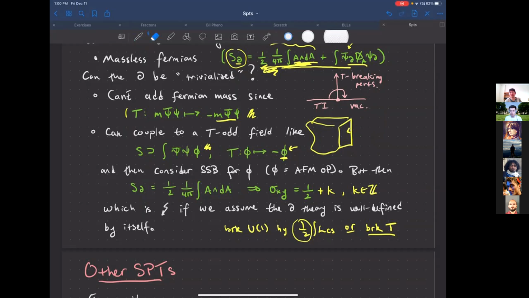So in particular, you can break the time reversal symmetry on the boundary by adding some integer quantum Hall state just to the boundary, and this is going to change sigma xy by an integer, and that's not related to the anomaly. Anyway, we don't have to talk about that now.